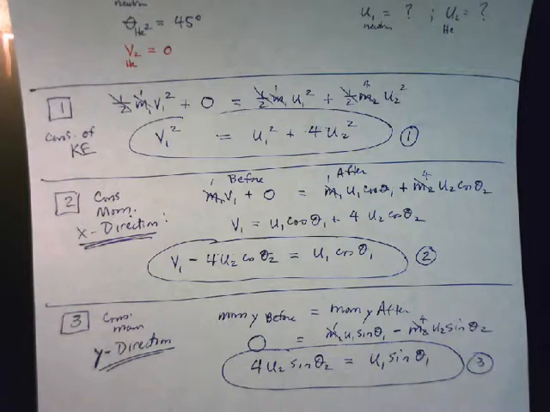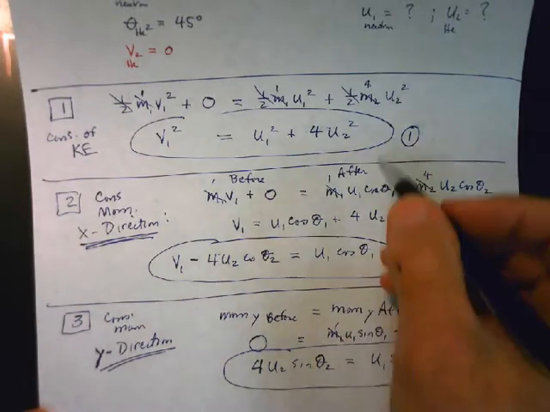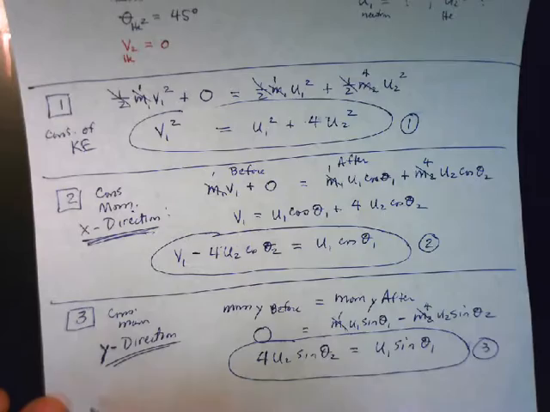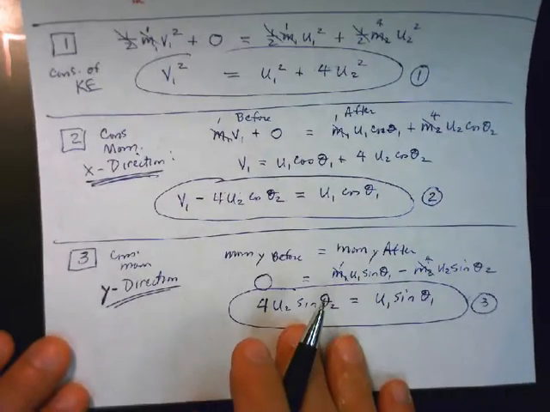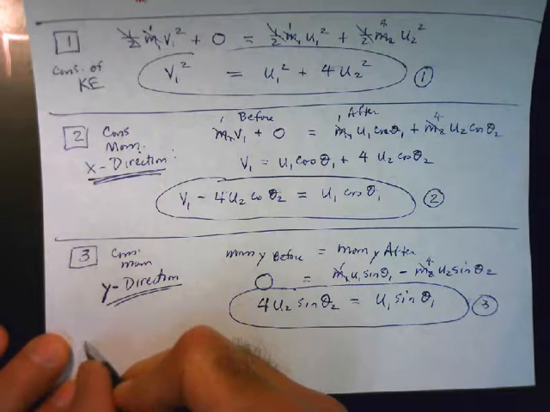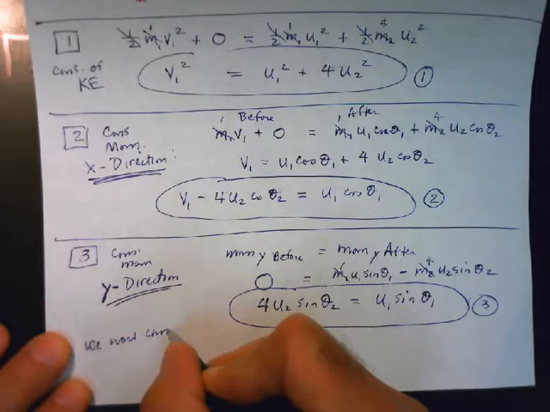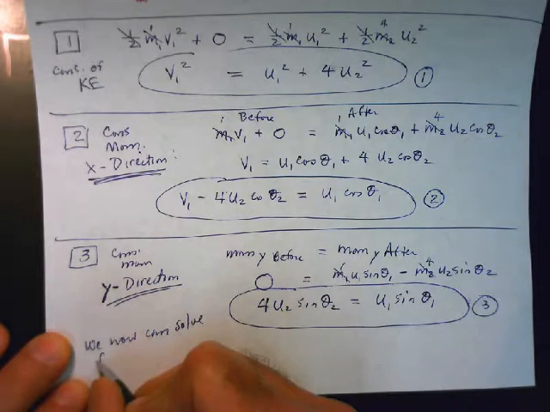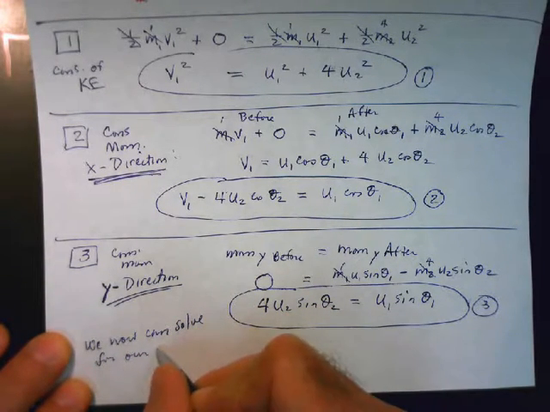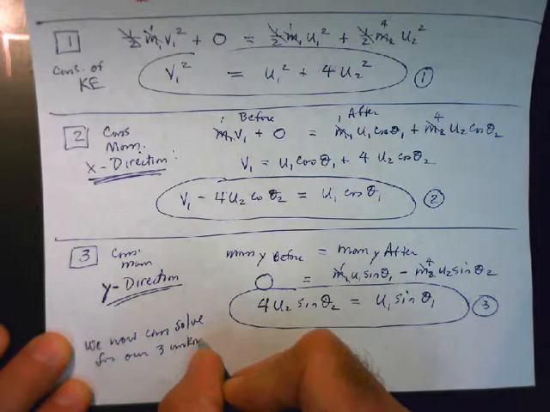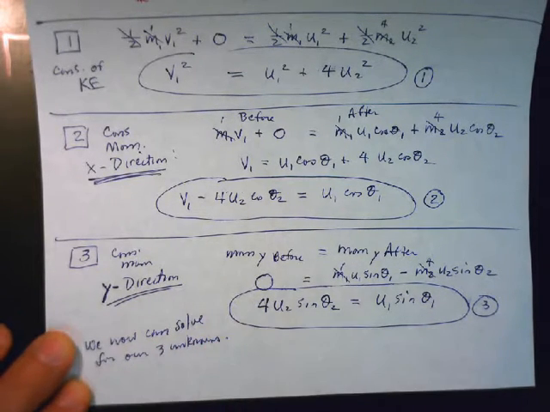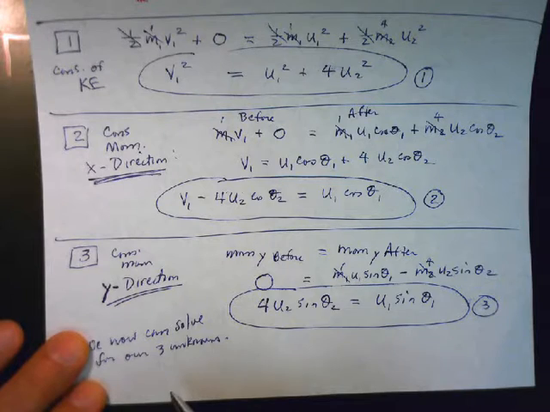Well, let's move on now. Since we have 3 equations, this will enable us to solve for 3 unknowns. What are our unknowns again?